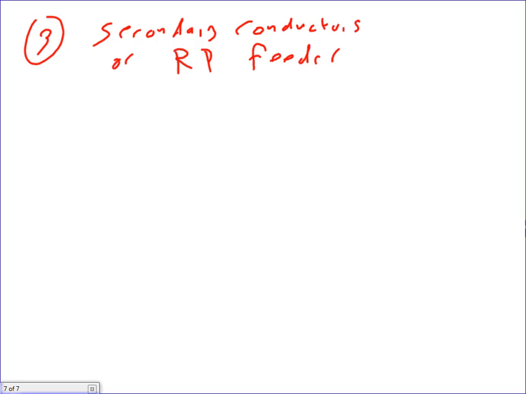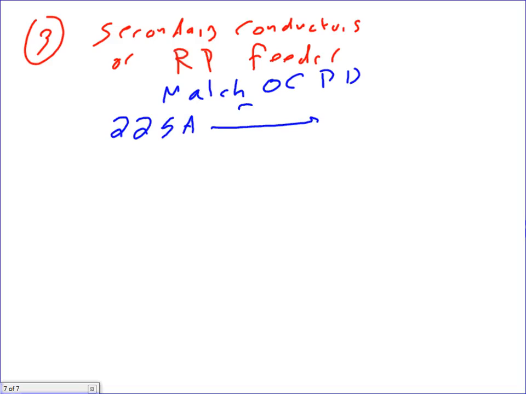Okay, so I want to size it to match the overcurrent protection device. Very good idea. So 225 amp, you're going to take it to 310.16 under the 75-degree column. I'm going to pull a full neutral. I told you guys anything 400 or less, full neutral. So I'm going to have 4 conductors.